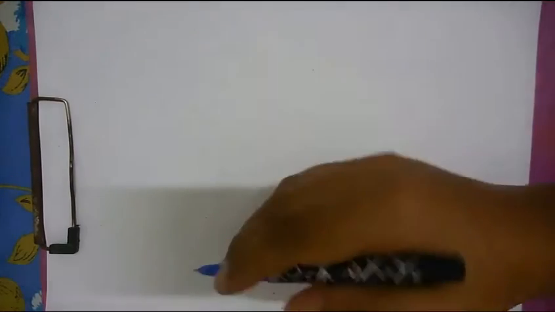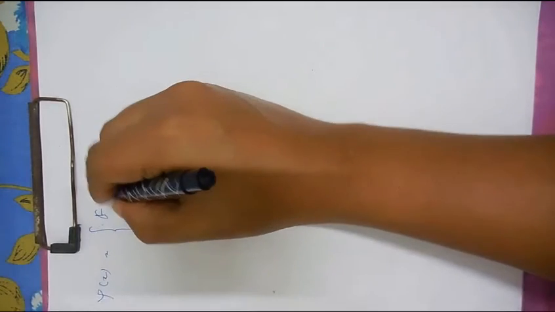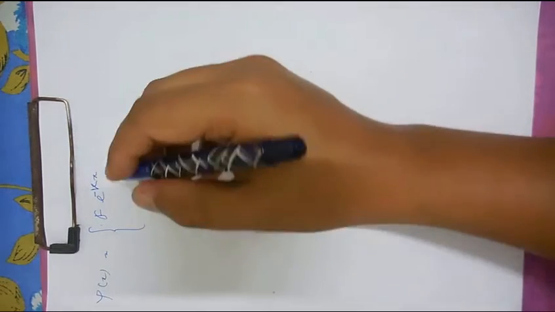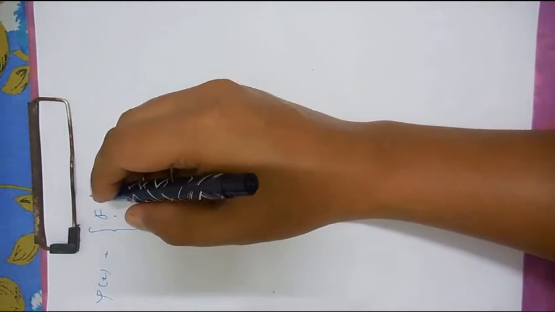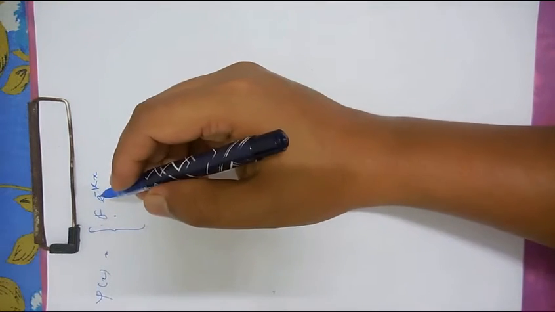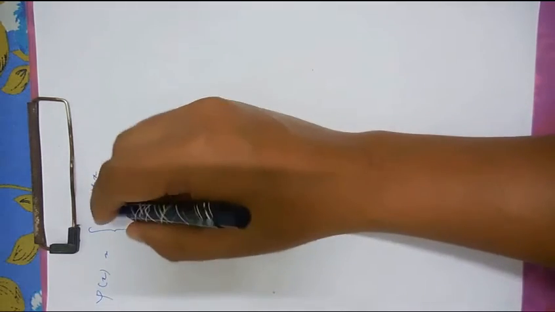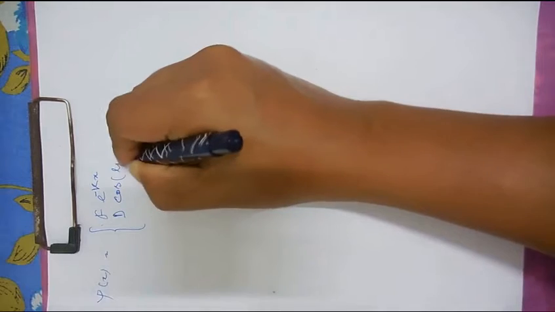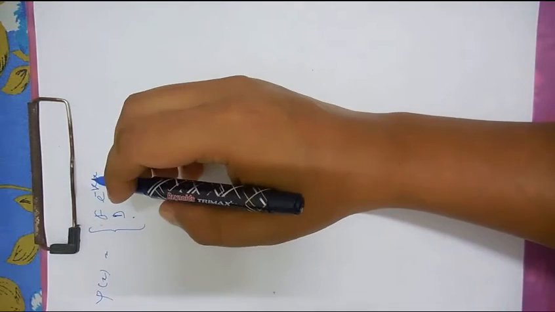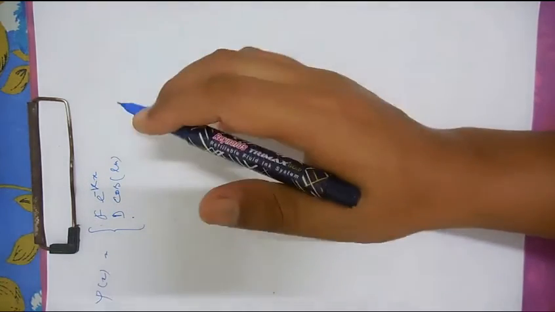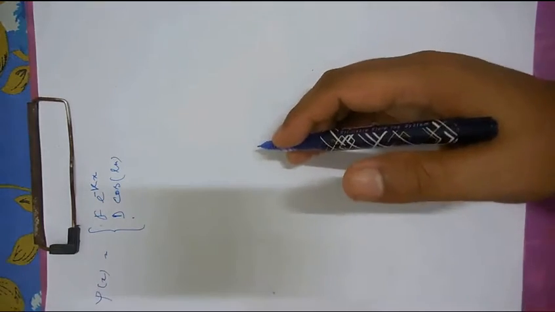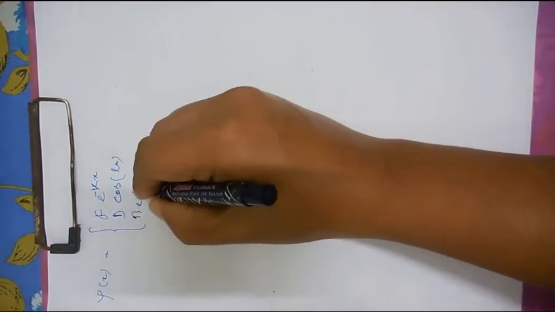Now psi, if I write in a compact form, will be f exponential minus kx. I have not found this one yet, so I am writing all these things first and will define them later. And then exponential kx.